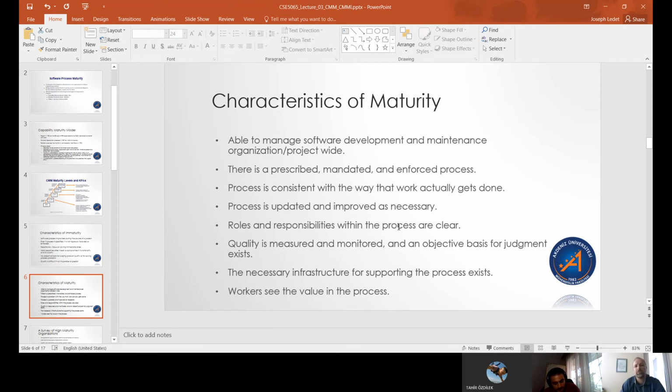Roles and responsibilities within the process are clear. In other words, we don't have people doing jobs that they aren't really supposed to be doing. If we have software developers doing the jobs of configuration managers or system administrators, that can be a problem. Now, that's not to say that doesn't ever happen.